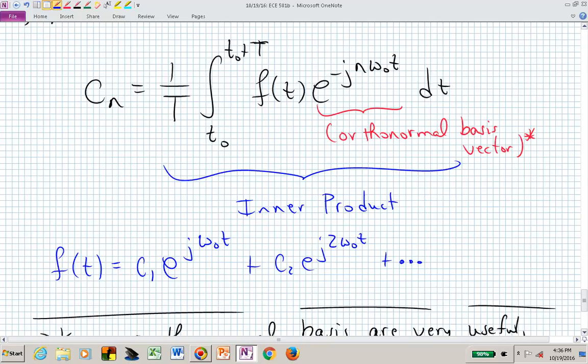So if you wanted to, you could write f of t is equal to the inner product of f of t with e to the j omega naught t times e to the j omega naught t, where the inner product is what's up above. That inner product is then c sub n. This c sub 1 is now the inner product of f of t with e to the j omega naught t. Does that help?